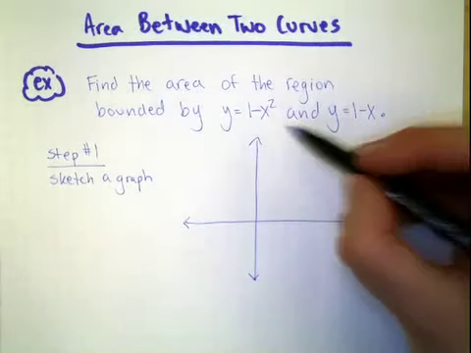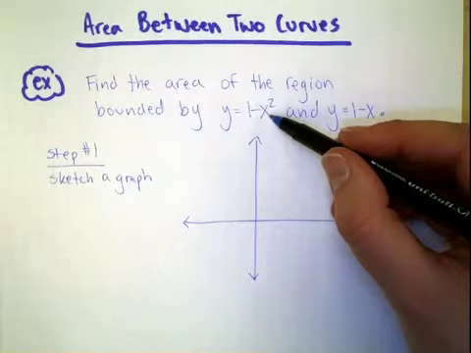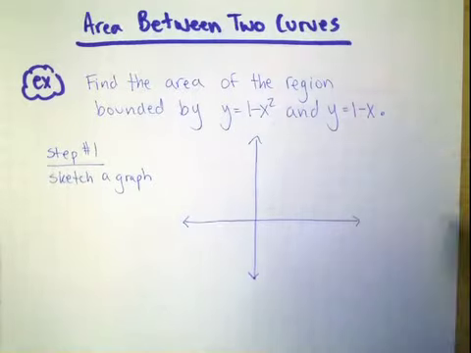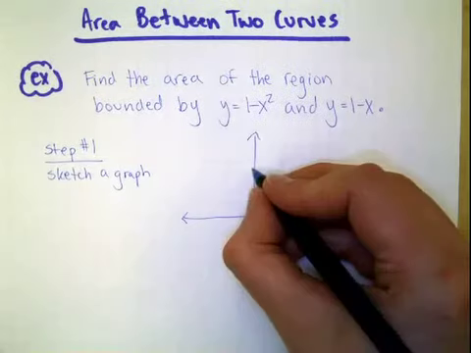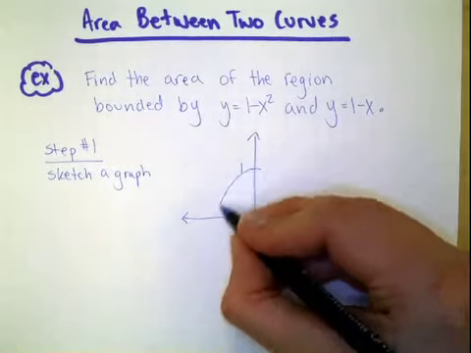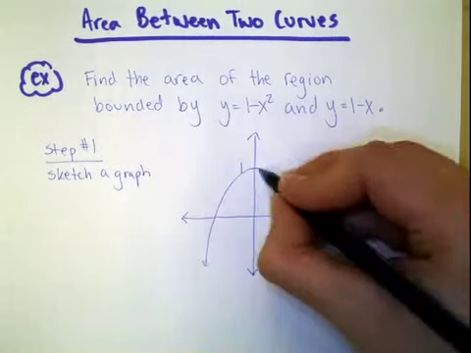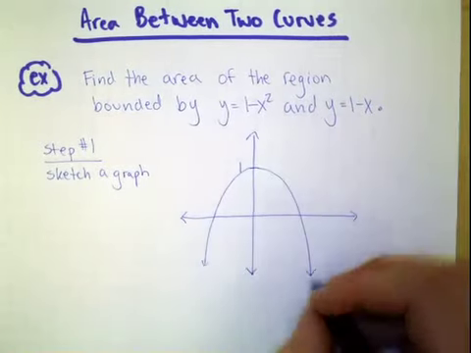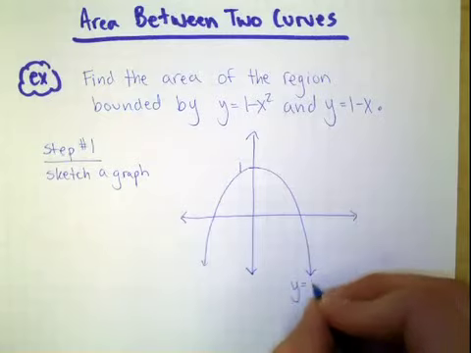So y equals 1 minus x squared, I know is a parabola, up 1 and flipped upside down. It's something that looks probably like this. It's up here at 1 and it's pointing downwards. And I better label this y equals 1 minus x squared.